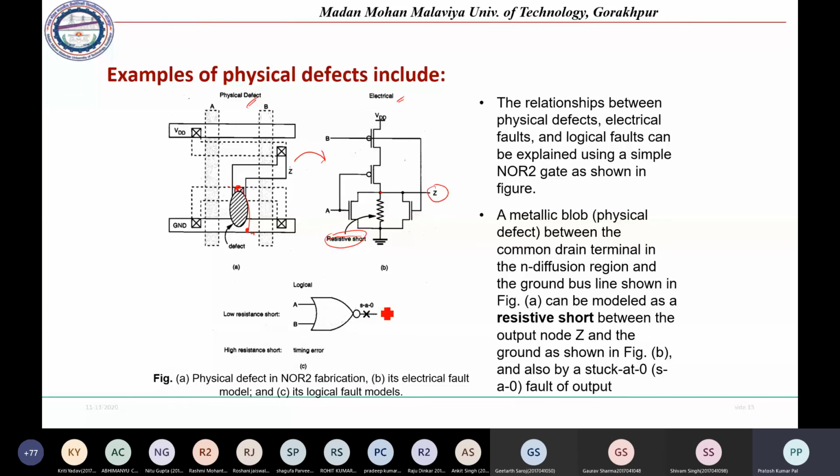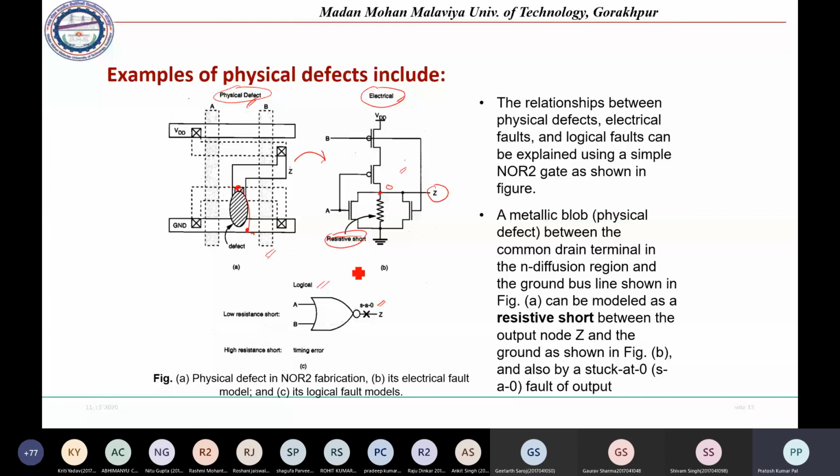So this is the physical structure, this is the electrical structure. In the physical structure there will be a defect. Because of this physical defect, in the electrical structure an extra resistive path will be there, and this will make the Z terminal always 0.